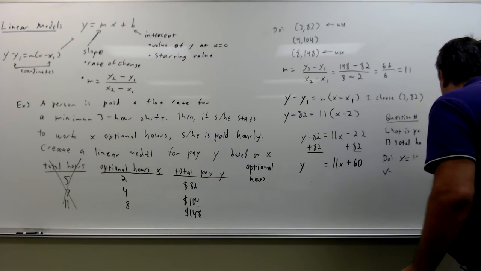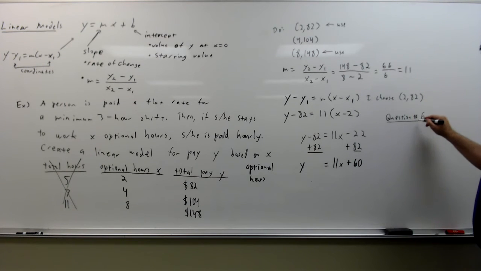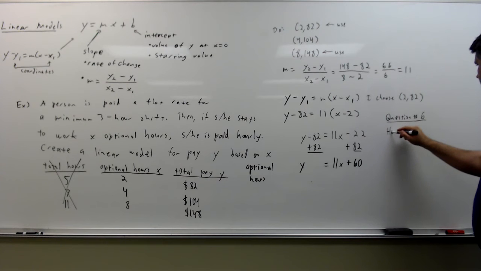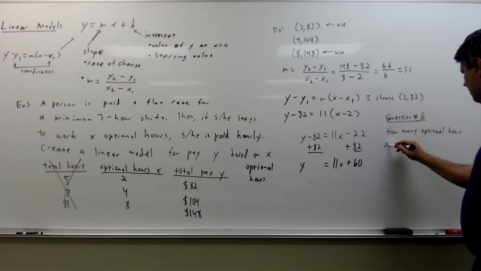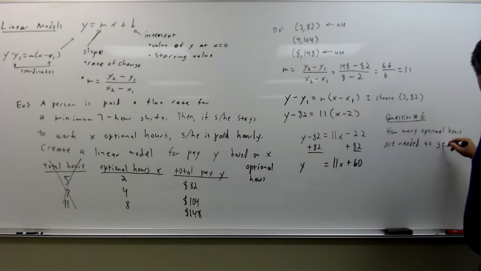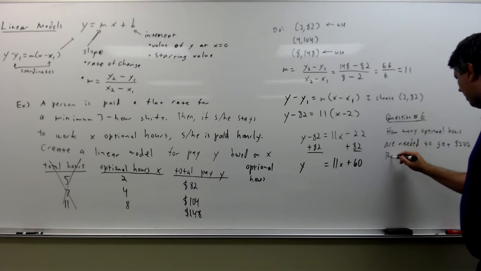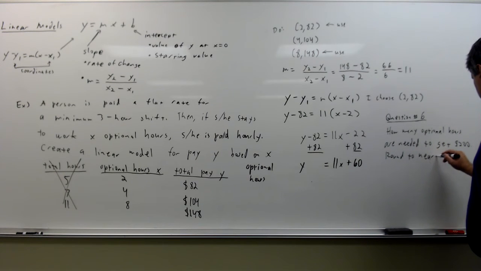Question number 6. How many optional hours are needed to get 200? Round to nearest hour.